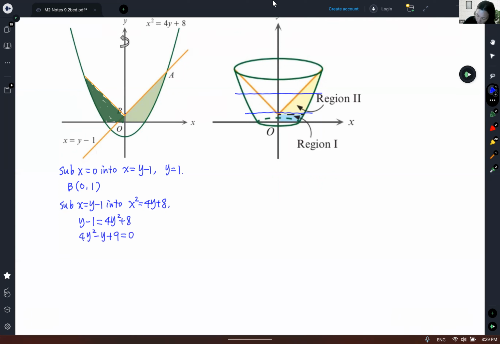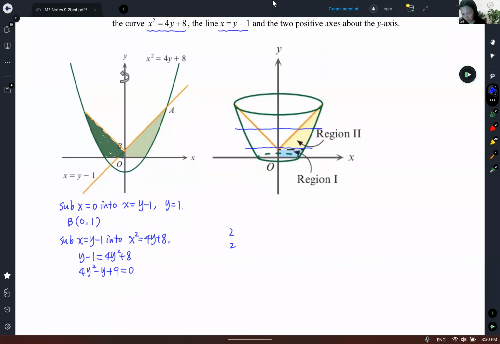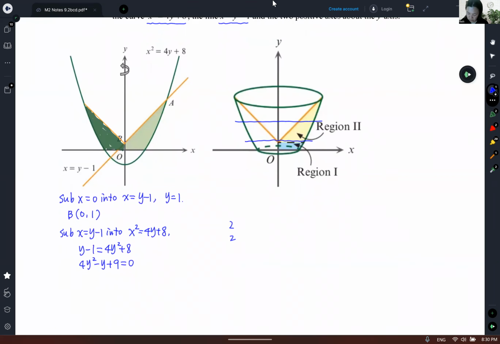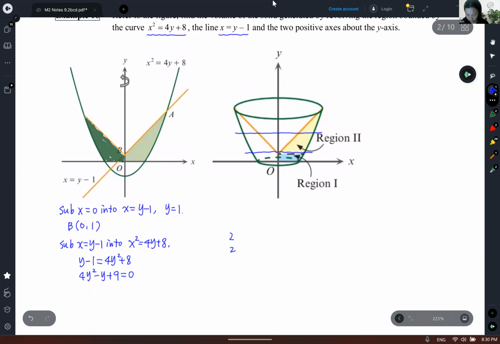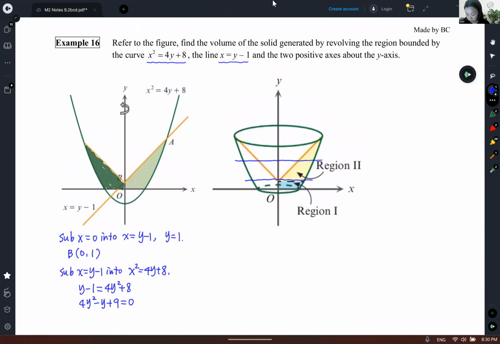What's the value of y? x equal y minus 1, squared.